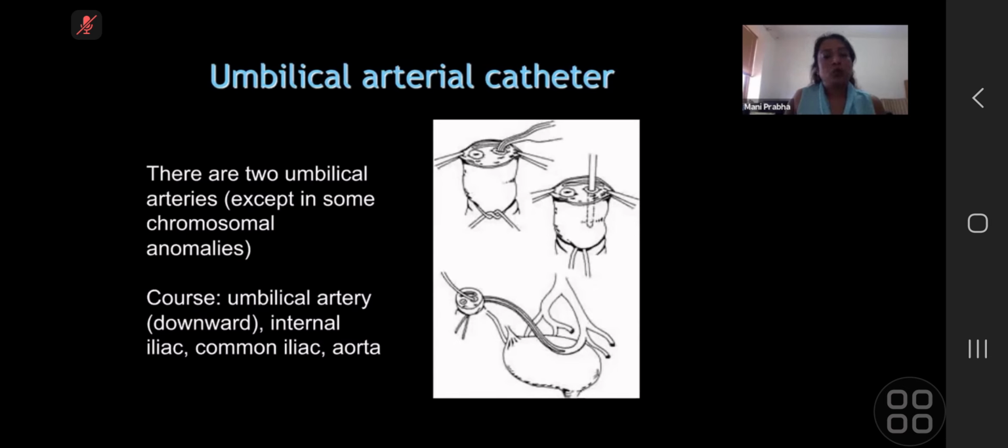A few words more about the umbilical arterial catheter. There are two umbilical arteries, except in some chromosomal anomalies, and the course of the umbilical arterial catheter is through the umbilical artery into the internal iliac artery, then into the common iliac artery, and finally into the aorta, and then at T7 to T9 level.